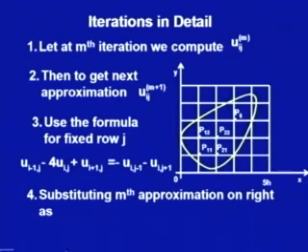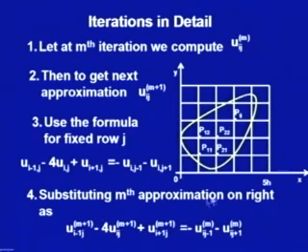So we find ui minus 1j m plus 1 minus 4 uij m plus 1 plus ui plus 1j m plus 1 is equal to minus uij minus 1 m minus uij plus 1 m. Here we have substituted the approximation we got in the mth iteration on the right hand side. This we will do for all i, for fixed row j.